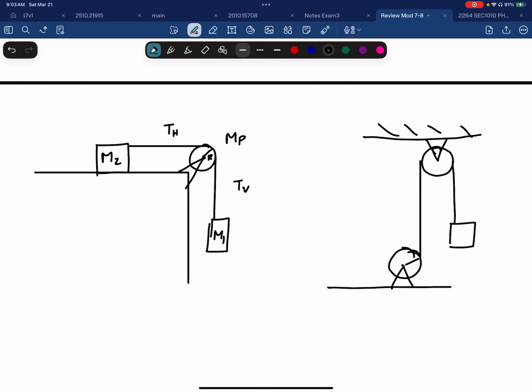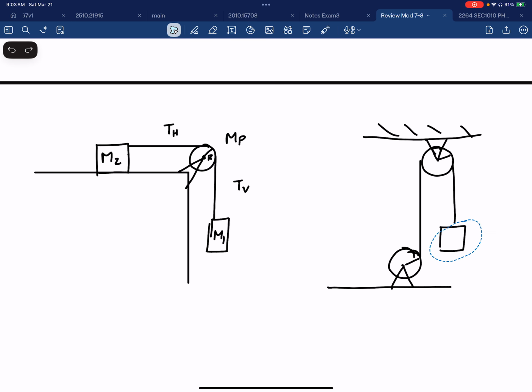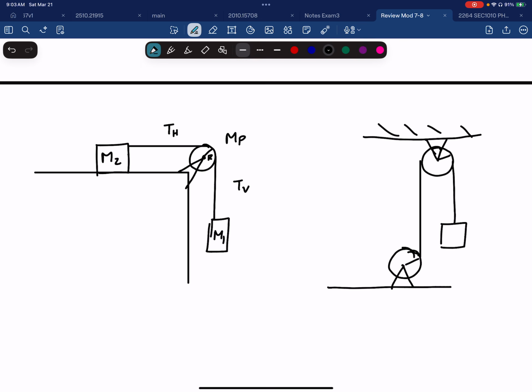Again here the tensions will be different. So this is the mass of the box M, this is MP, and let's say this is another pulley, MP. Okay, so in all of them, find out the tension and the acceleration.